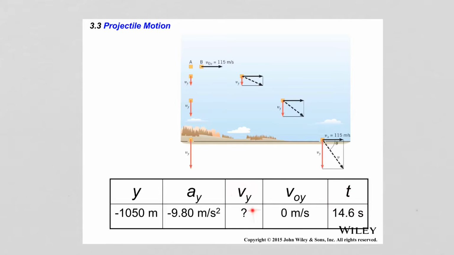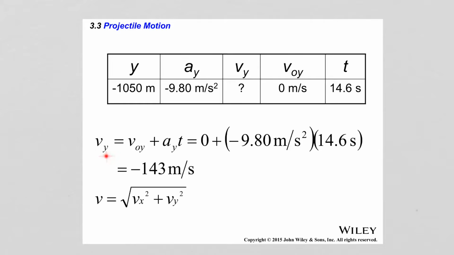So what I'm looking for is the y component of the final velocity. So I can use this kinematic equation to calculate it. That is equal to the initial velocity in y direction, which is 0, plus the acceleration times time. So that is minus 9.8 meters per second squared times 14.6 seconds, or negative 143 meters per second.